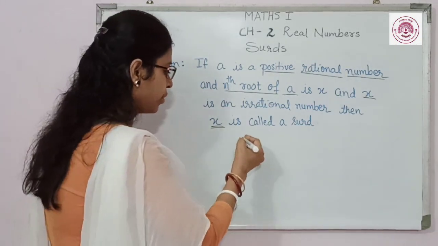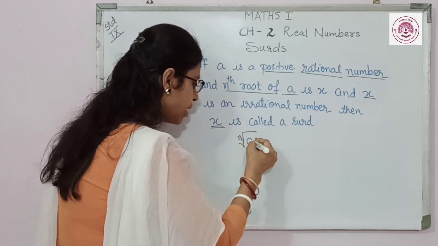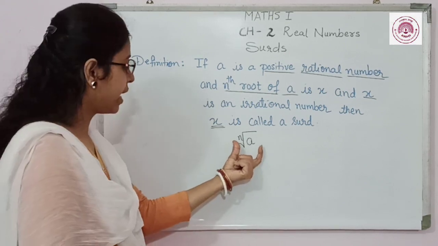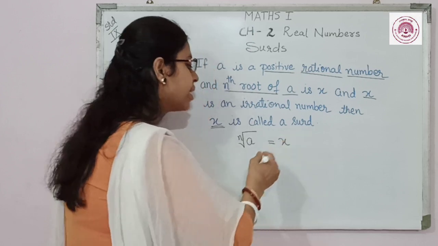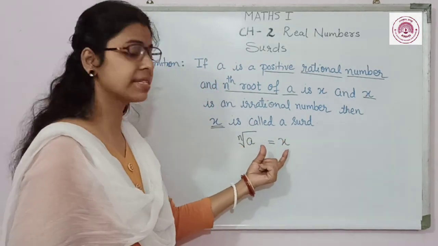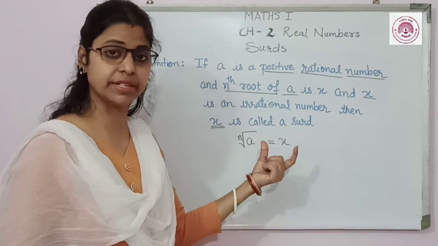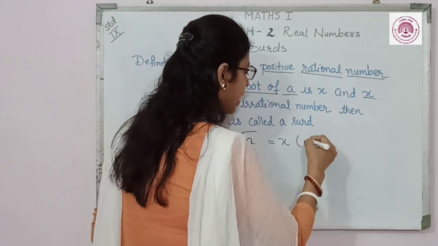Let's see it. Here, the nth root of a, we write like this. So mathematically I have written the nth root of a is x, and this is called a surd. This x is called a surd if there is a condition: if this x is an irrational number.